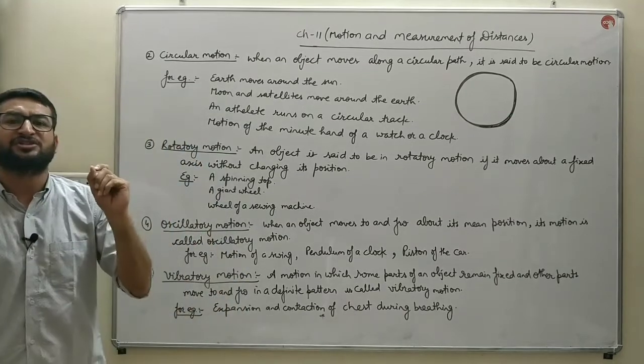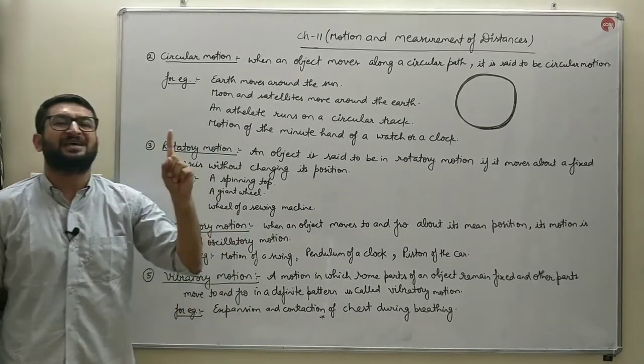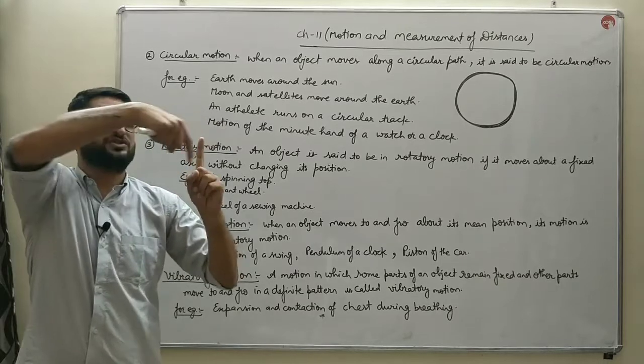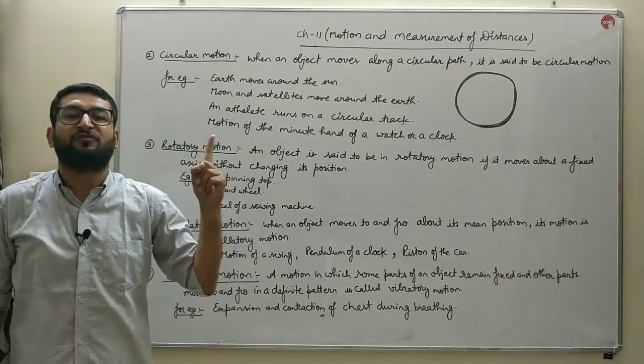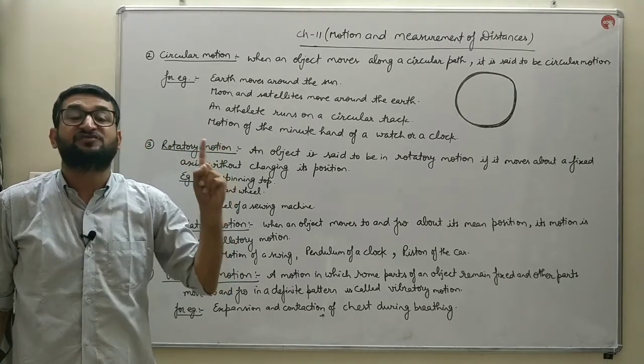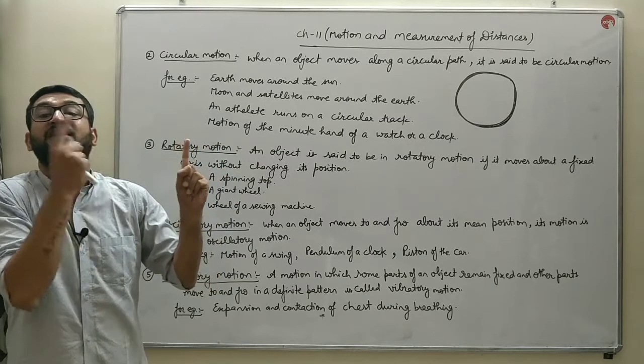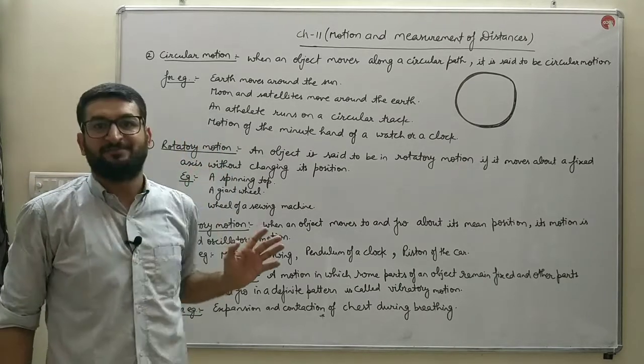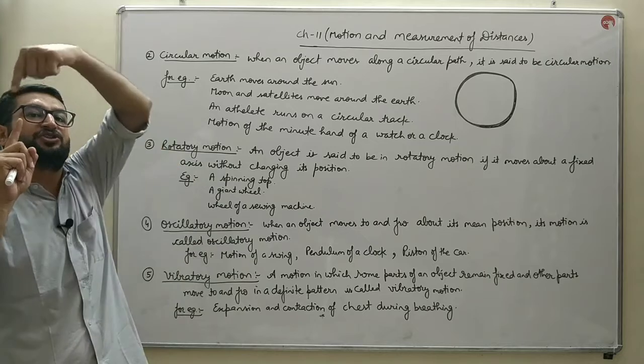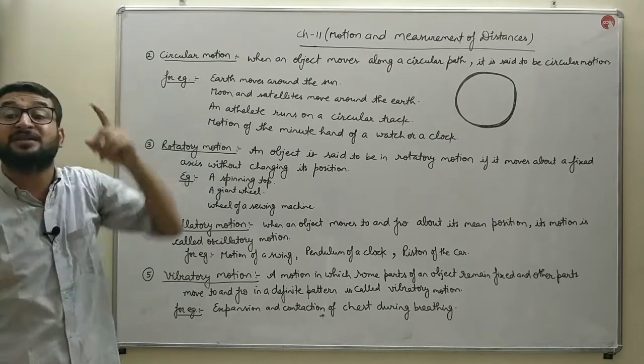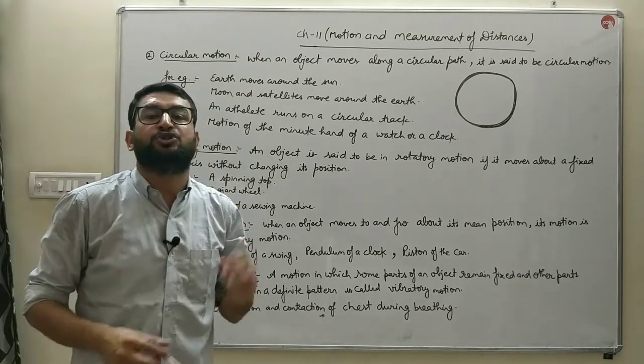In certain animated movies or in pictures, you must have observed a spherical chakra in the hand of Lord Krishna. That chakra is moving in a rotatory motion. That is a rotatory motion.